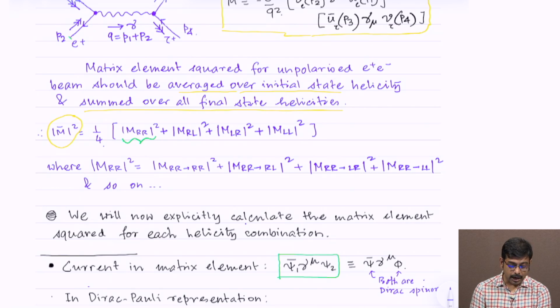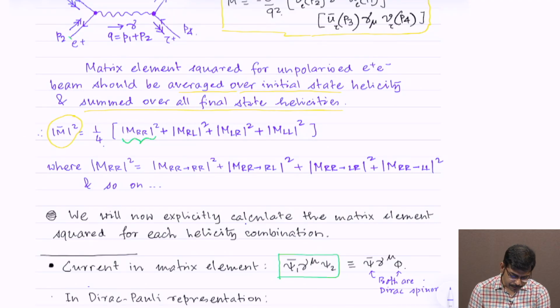So on means that you can also write for M RL square, M LR square, M LL square, where all these combinations of the final state helicities will actually add up, right.